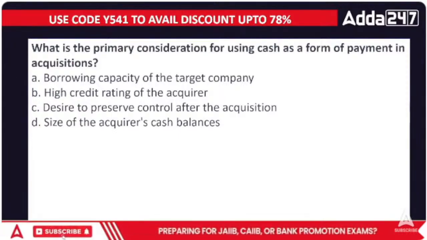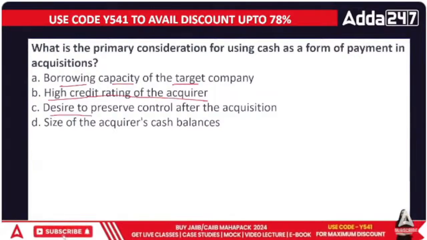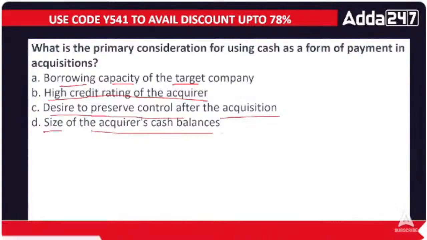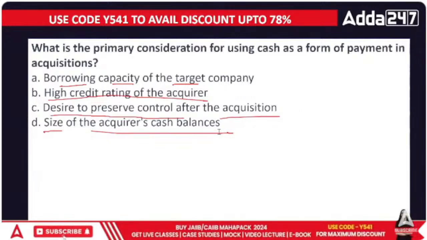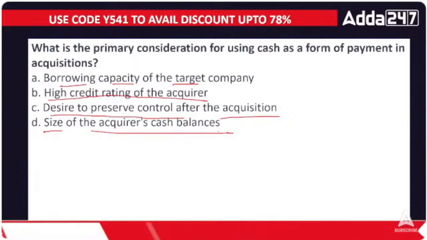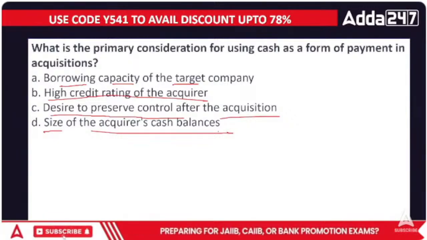In terms of this, is it the borrowing capacity of the target company, high credit rating of the acquirer, desire to preserve control after the acquisition, or size of the acquirer's cash balances? What's going to be the answer? The point is, what is the primary consideration in terms of cash payment?